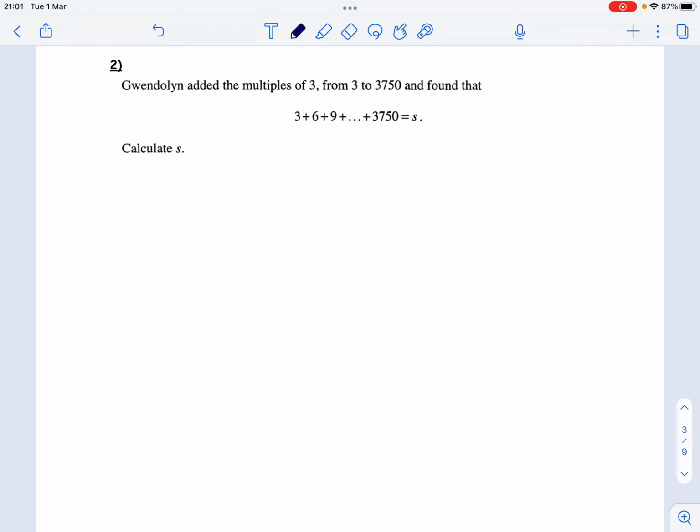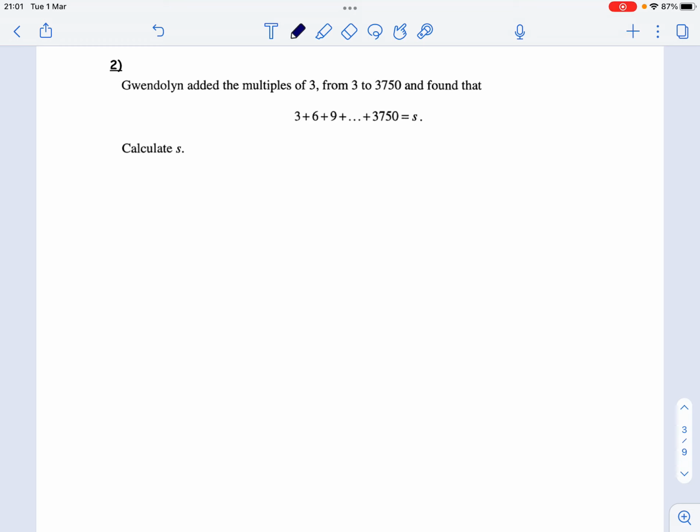Second question: the multiples of 3 from 3 to 3750, and found that the addition of the multiples of 3 from 3 to 3750, 3 plus 6 plus 9 plus up to the last number 3750, is equal to S. Calculate the value of S. First you need to check whether it is an arithmetic sequence.